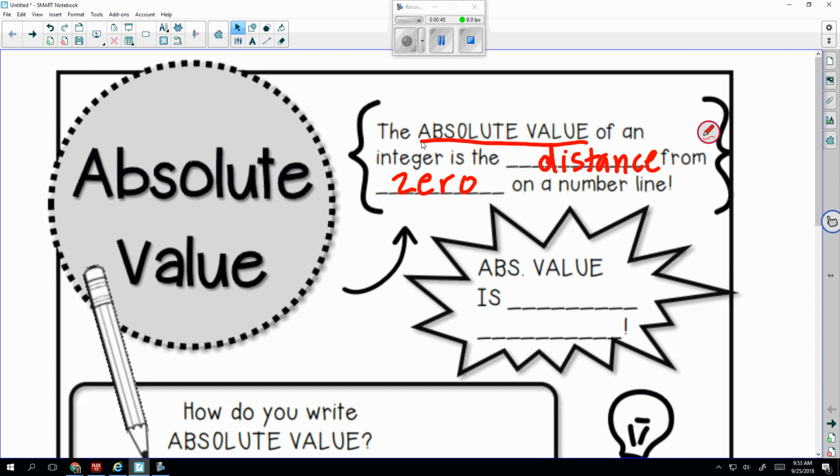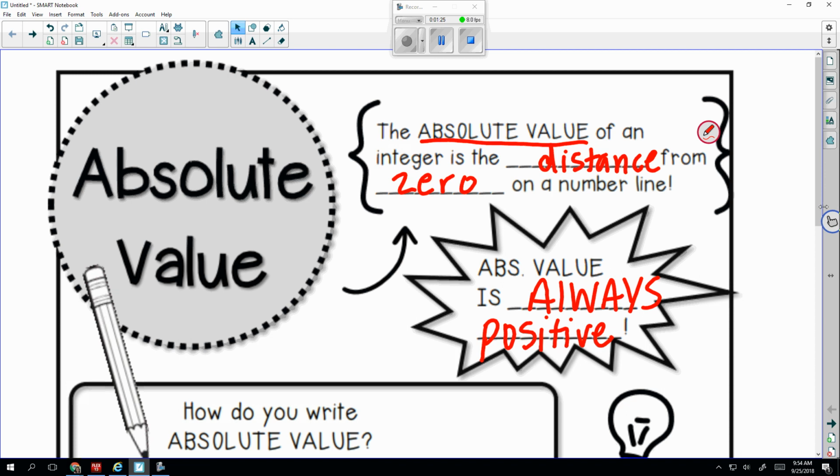The difference between absolute value and opposites is that absolute value is always positive. Now, is that true for opposites? No. Sometimes opposites can be negative.